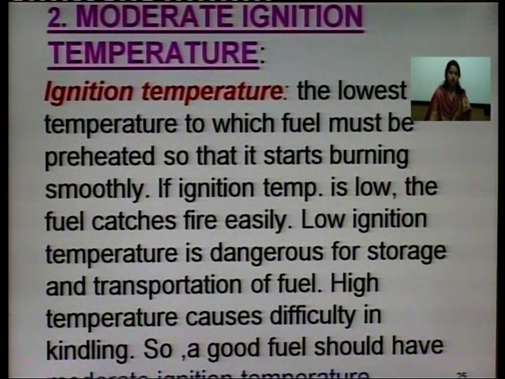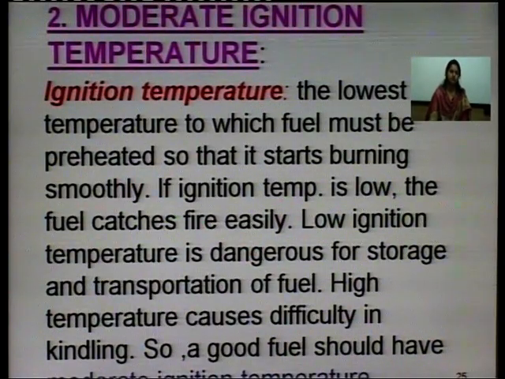Now, what is ignition temperature? I was discussing the characteristics of a fuel, in which I first discussed that a fuel should have high calorific value. Then I discussed what is calorific value. So, that was the first characteristic.